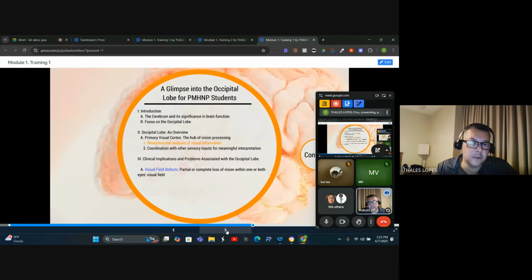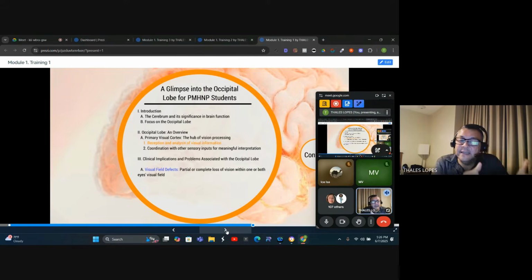If we looked at the occipital, the back of the brain, right? The occipital lobe, we would be looking more into visual functions, right? Primary visual cortex, the hub of vision and processing.